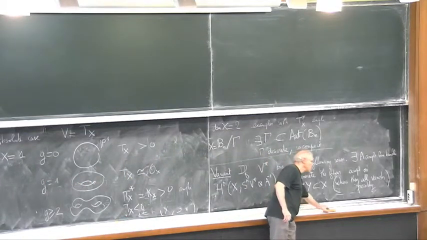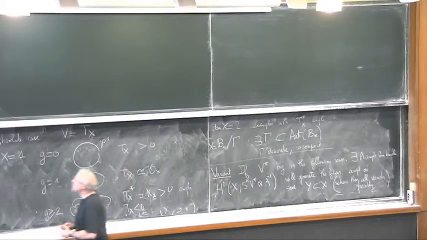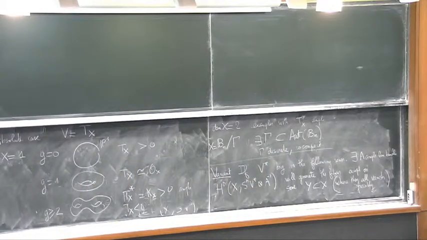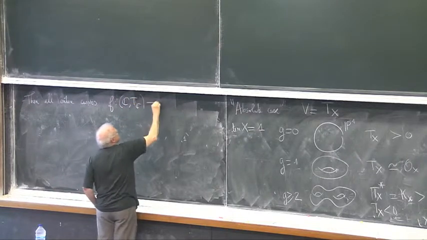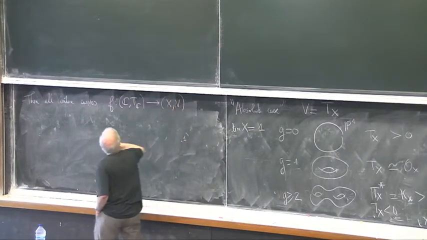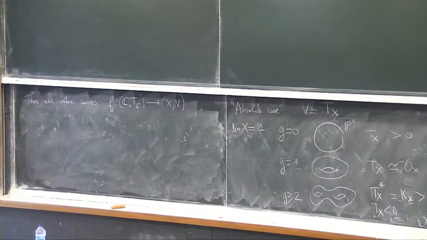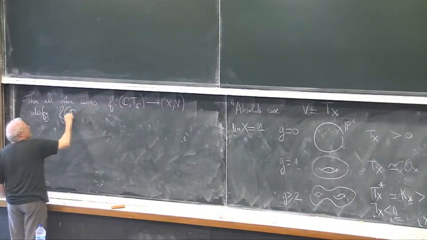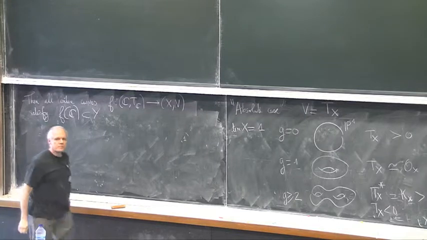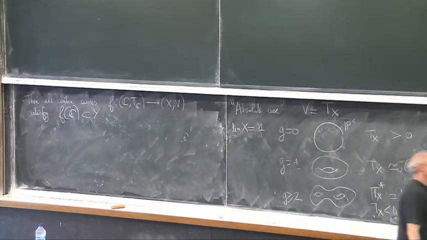So the conclusion is that if you look at curves, so I continue with the statement, then all entire curves tangent to that V must be contained in a subvariety Y. Okay, Y is supposed to be different.